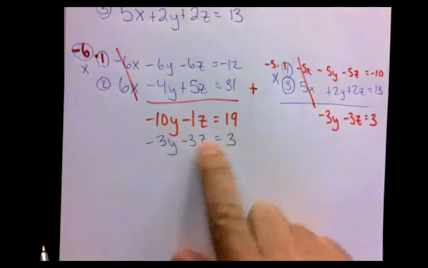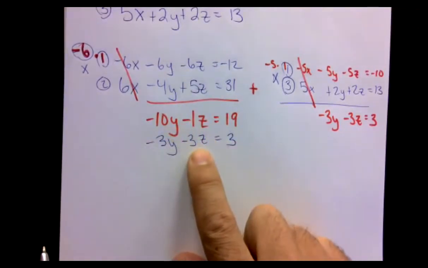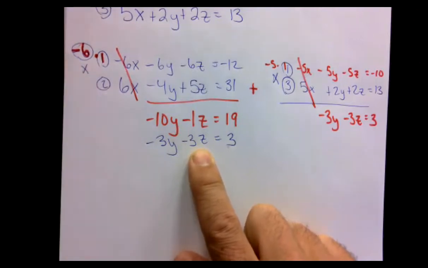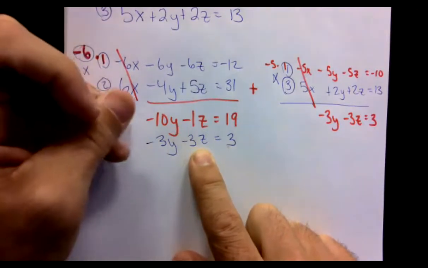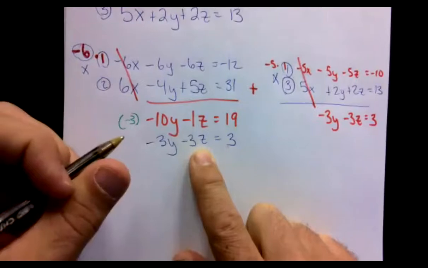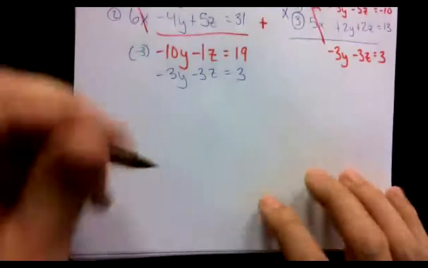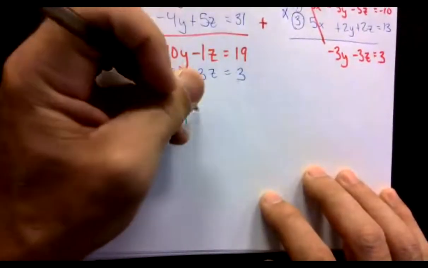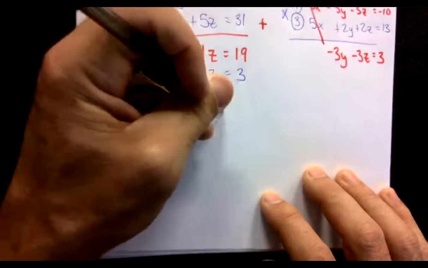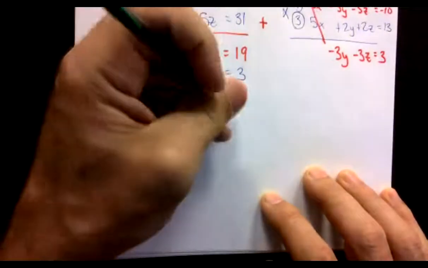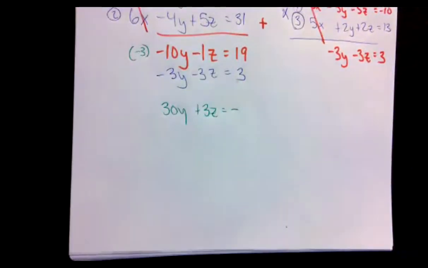So again, I'm looking for opposites. I'm going to cancel my z. So I'm going to multiply the top by a negative 3. That's going to give me 30y plus 3z equals negative 19 times 3, negative 57.